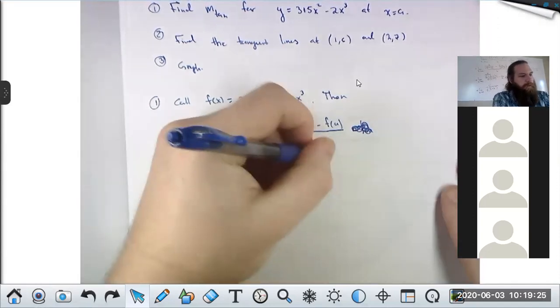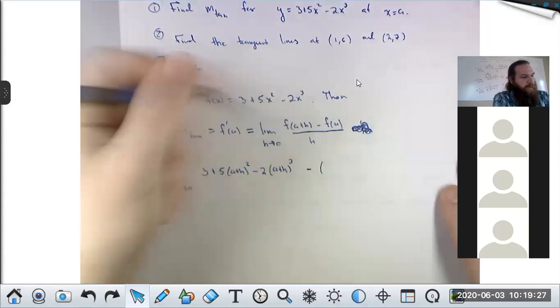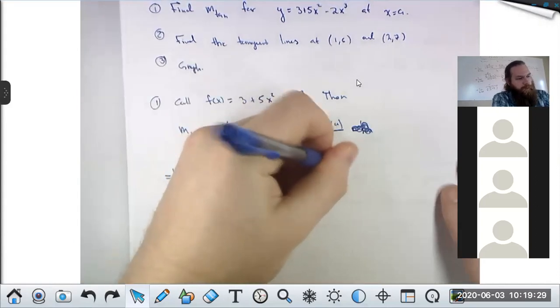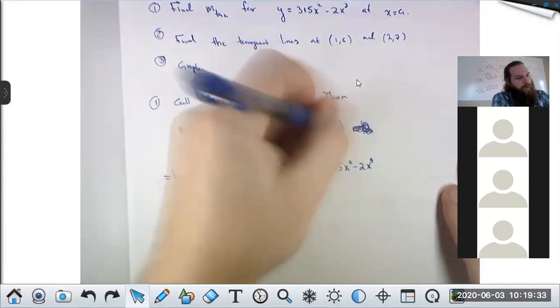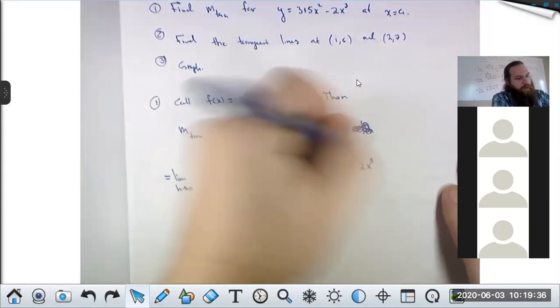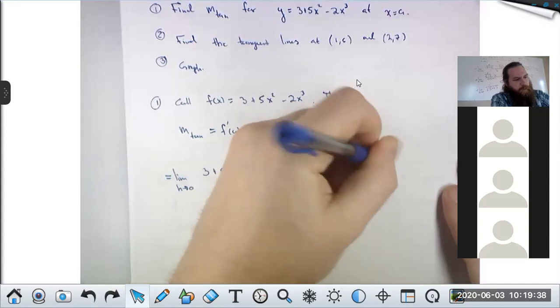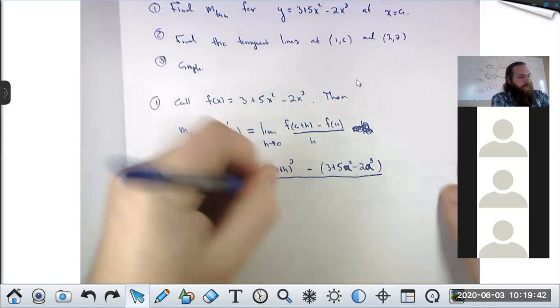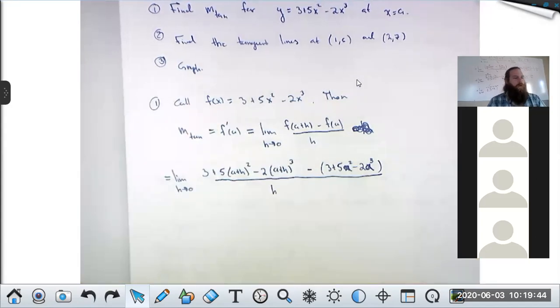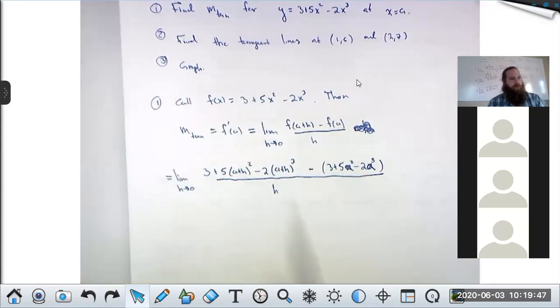So that's minus 3 plus 5a squared minus 2a cubed, all over h. So the work here is going to be in the algebra to cube this out.